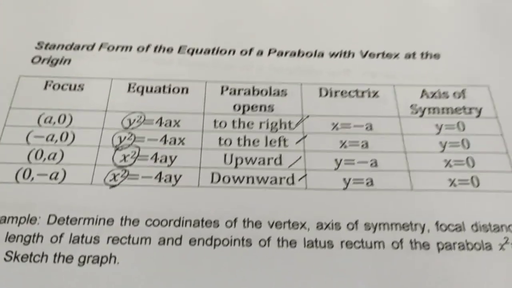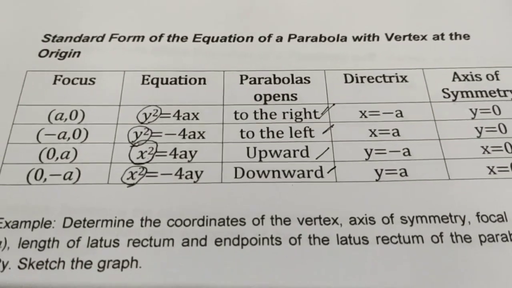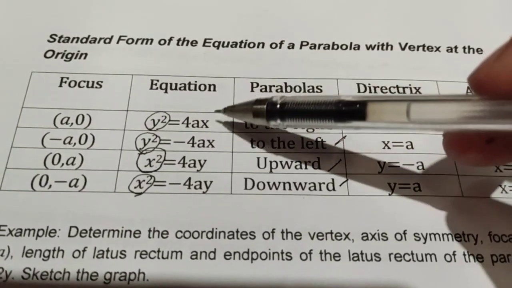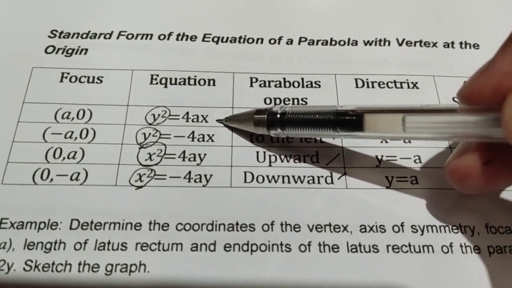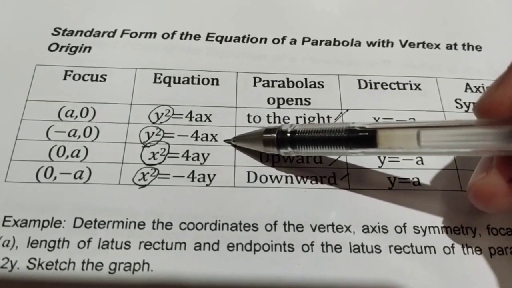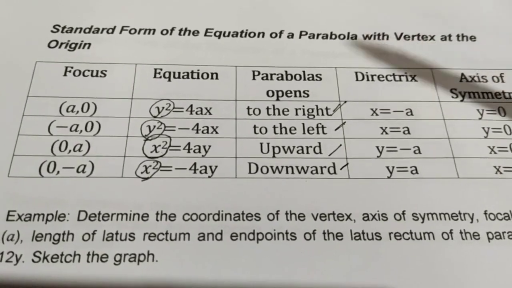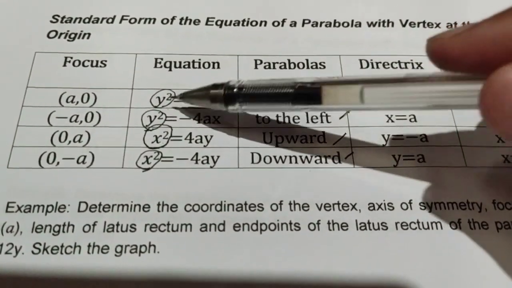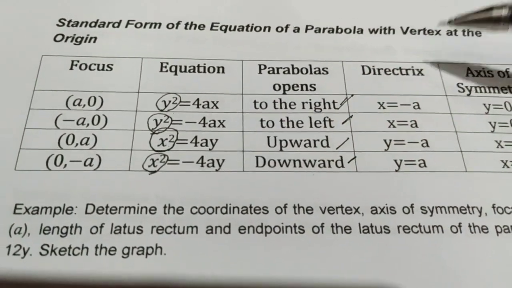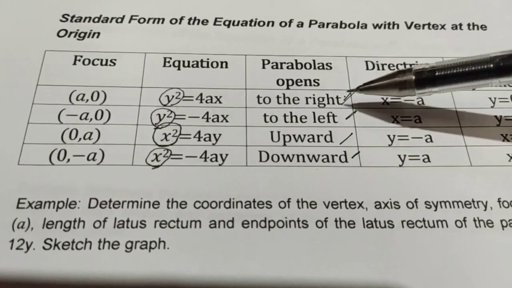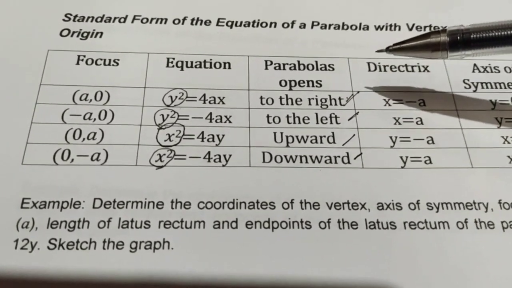We focus first on the equations y squared is equal to 4ax and y squared is equal to negative 4ax. As I said, if the y variable is being squared, then it either opens to the left or opens to the right.